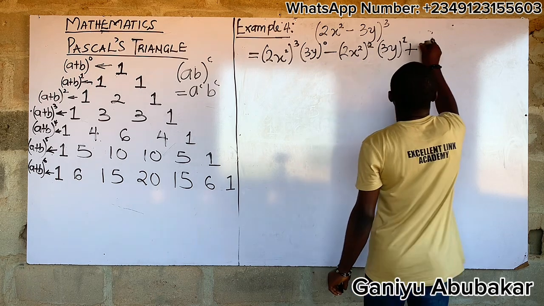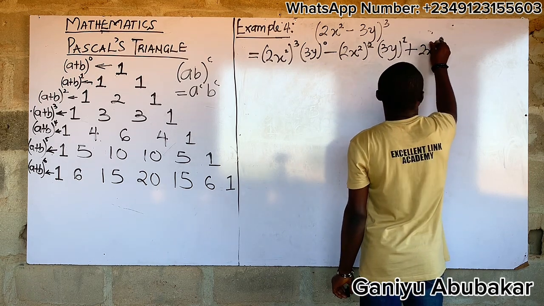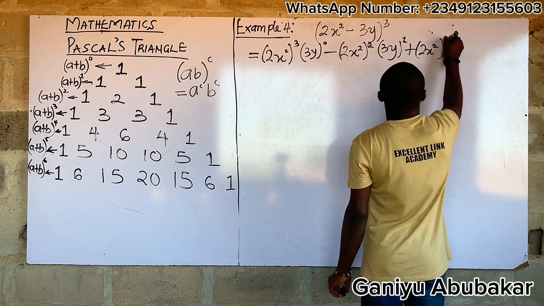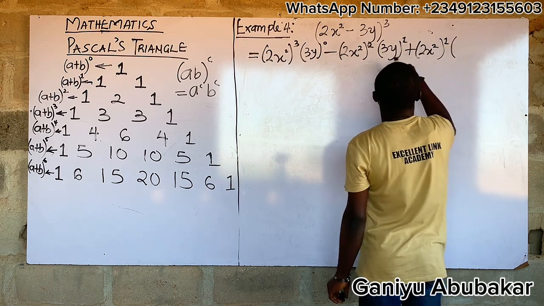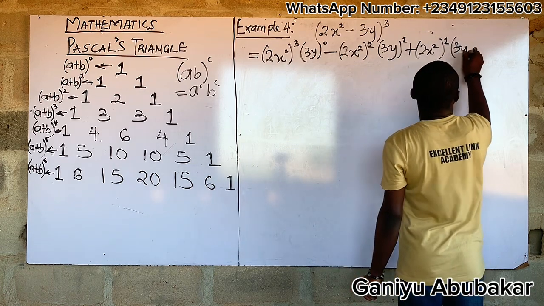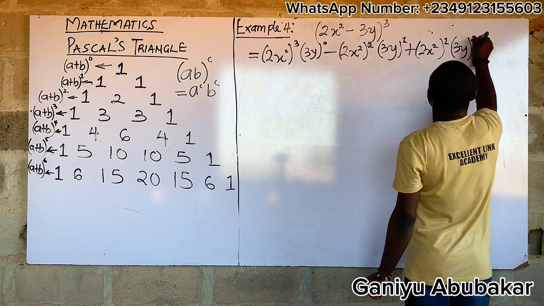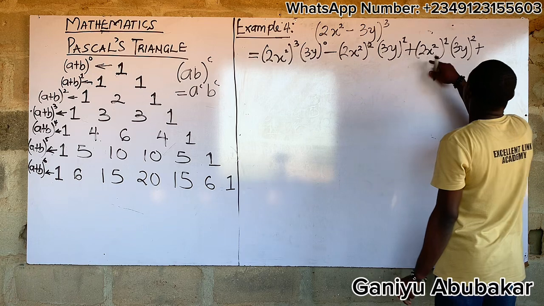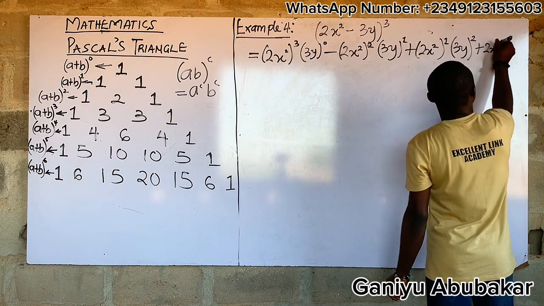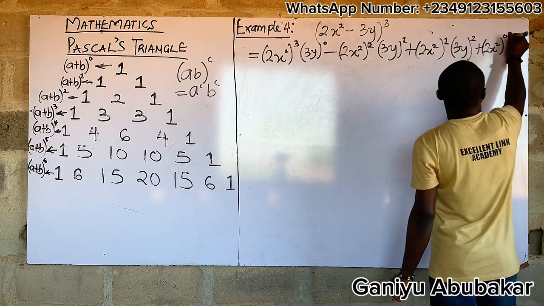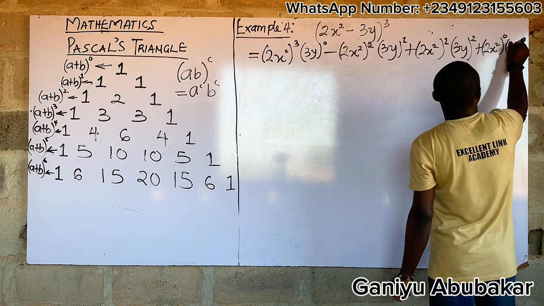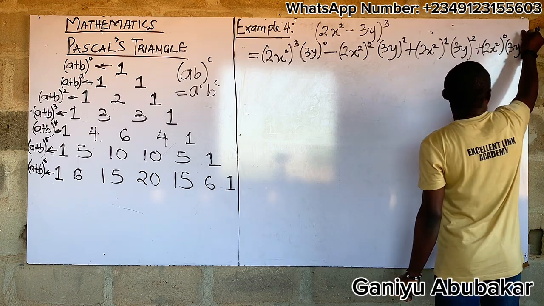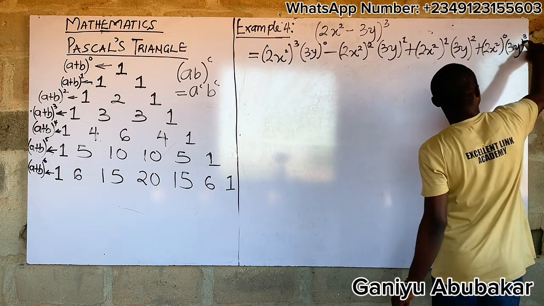We said reduce by 1, (2x^2)^1, increase by 1, (3y)^2. Next up, plus, we said reduce by 1, (2x^2)^0, increase by 1, (3y)^3. So this is 3, this is a cube here.